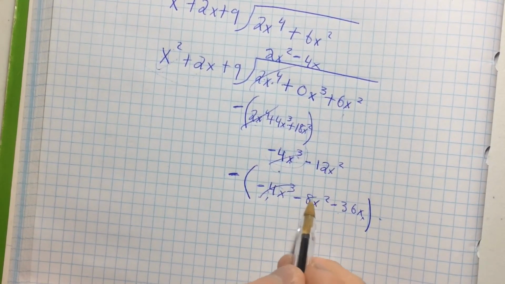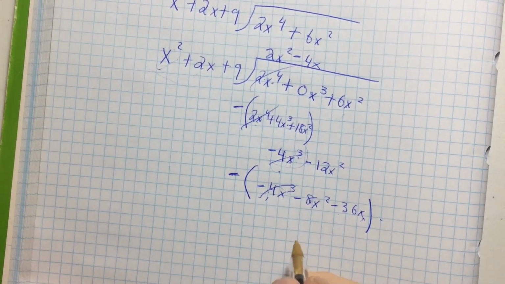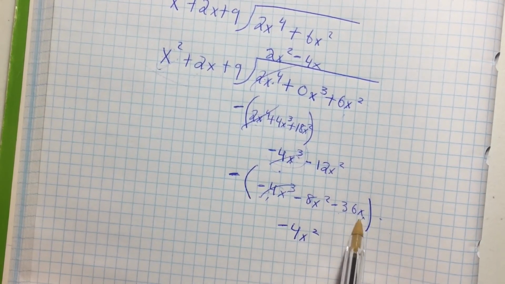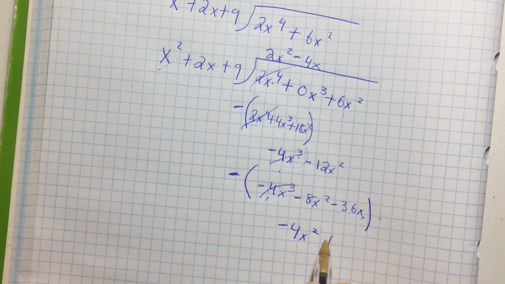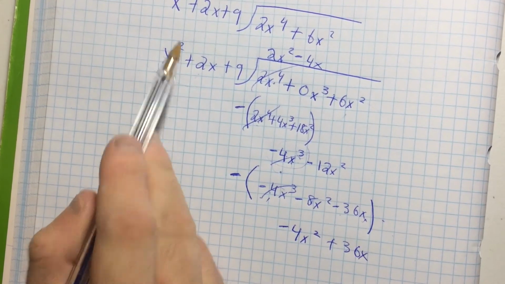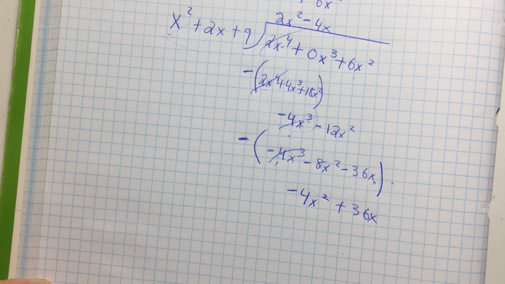Now, minus 8x squared, well, this is plus 8x squared minus 12x squared, which means we're left with minus 4x squared. Lastly, we're left with plus 36x, because the minus sign applies. Now, x squared and x squared are the same, so this is the last time we'll have to do polynomial long division with this problem.